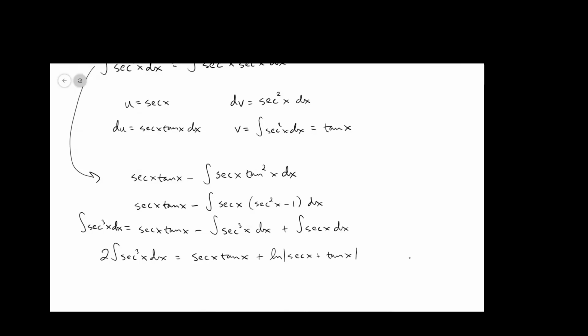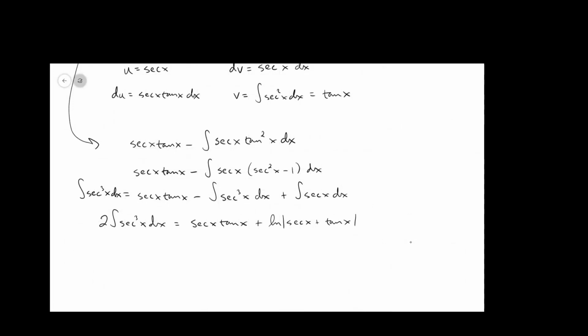Okay, and so then the final step here is to divide all this by 2, and then I'll have the integral secant cubed by itself on the left side. So secant cubed integral, divide all this stuff by 2, I'm going to get 1/2 secant tangent plus 1/2 natural log of secant plus tangent.